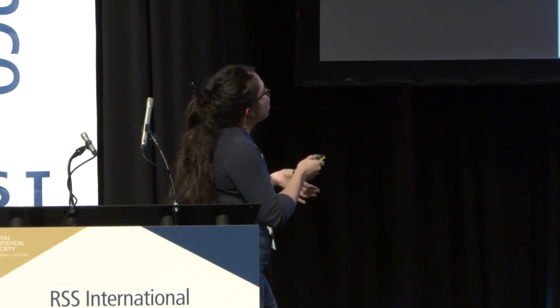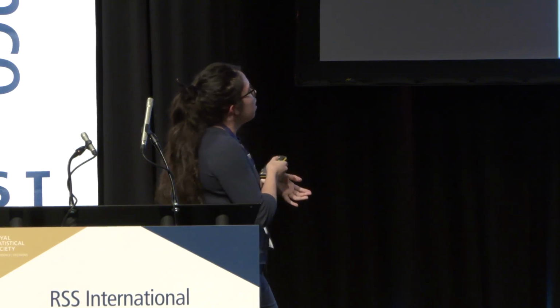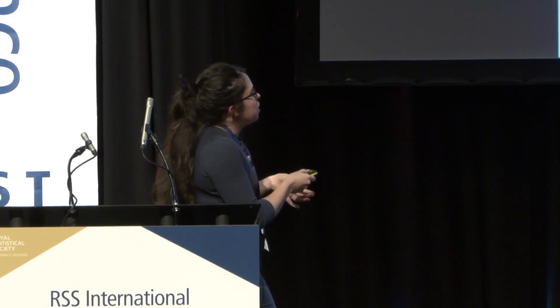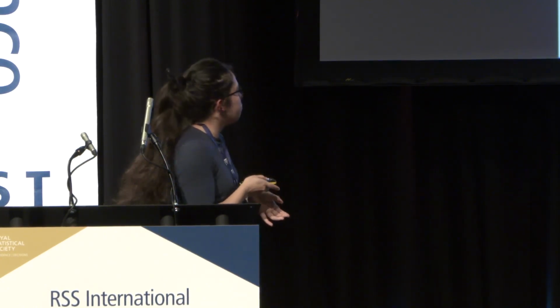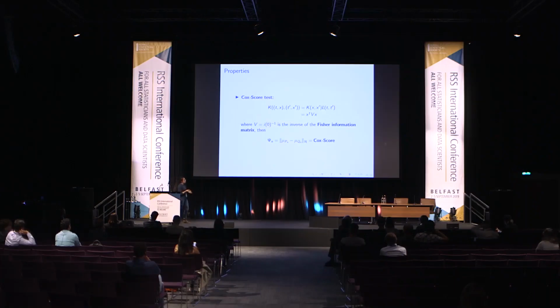If we pick a reproducing kernel that factorizes, our test statistic can be evaluated very simply, like a trace. We also find relationships with the Cox score test. For a specific kernel, this is the inverse of the Fisher information. We recover this result: our test is just the score test.